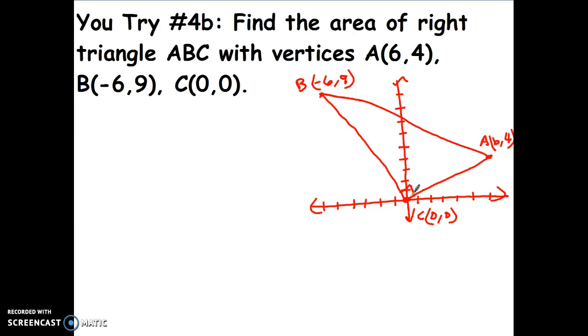Okay, so I need to find BC, which is negative 6, 9, and 0, 0.